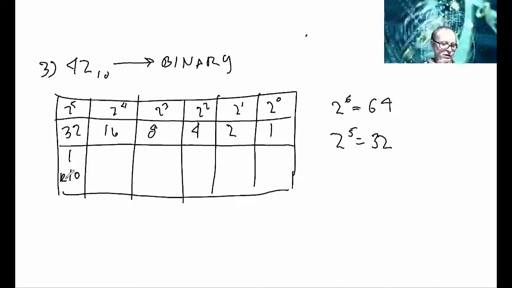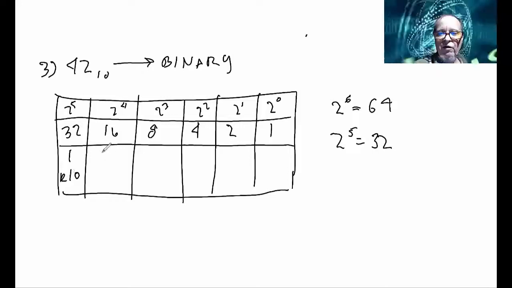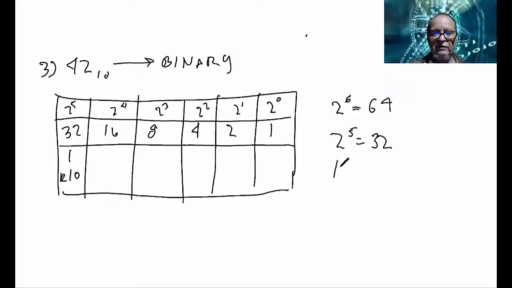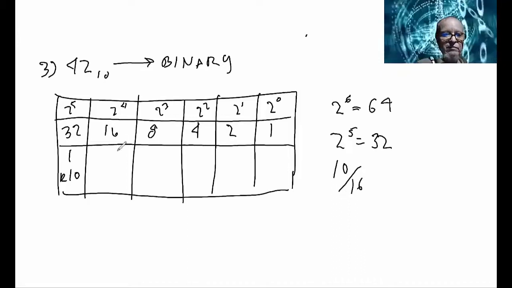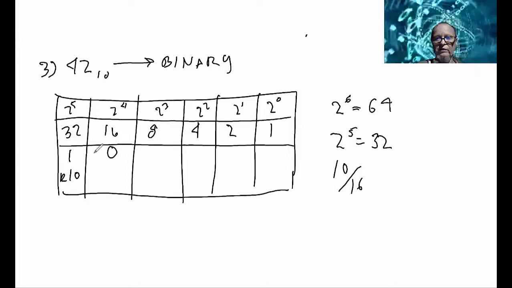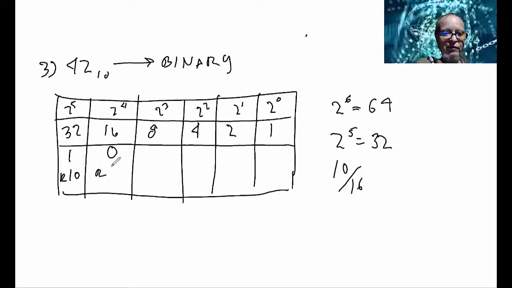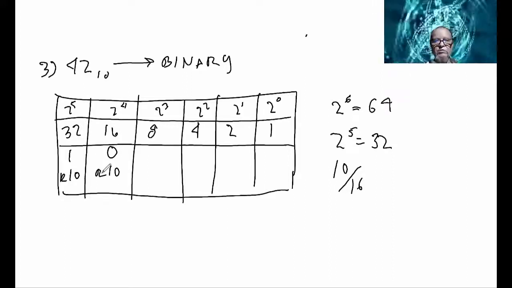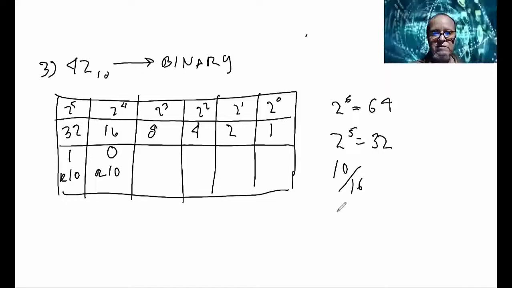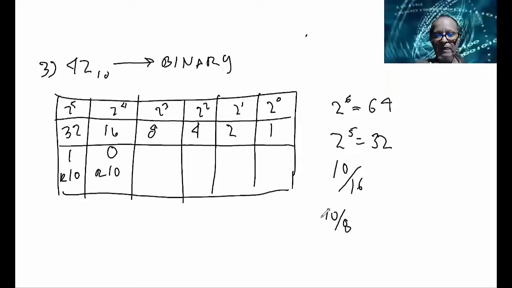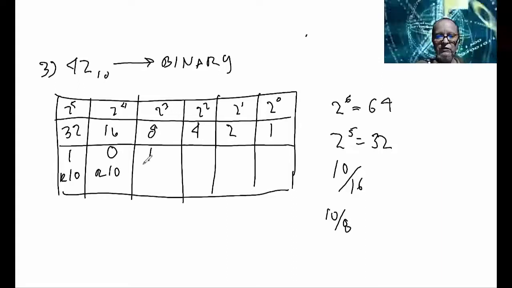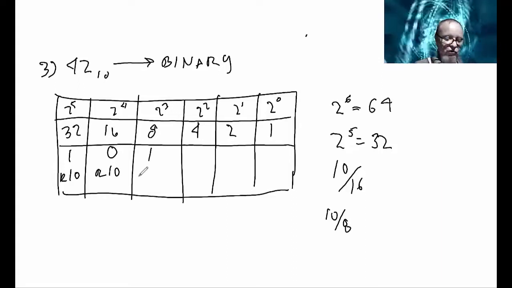So then we bring the 10 over here. We see that 10 divided by 16, well, that doesn't go in, so we still have a remainder of 10. Then we go to the next one. 10 divided by 8 goes in once with a remainder of 2.